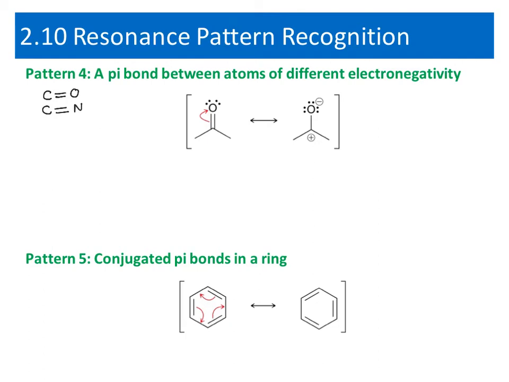And to draw the resonance structure, we are using one arrow. Okay. And that arrow starts from the pi bond to make a lone pair on the more electronegative atom.